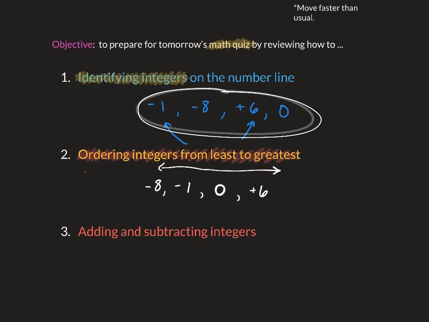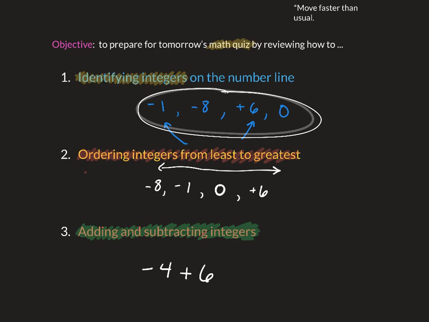You guys, the last thing we're going to be talking about, actually this will be the first thing that we're going to be doing, is how to add and subtract integers. So when you have, what's -4 plus 6, right?